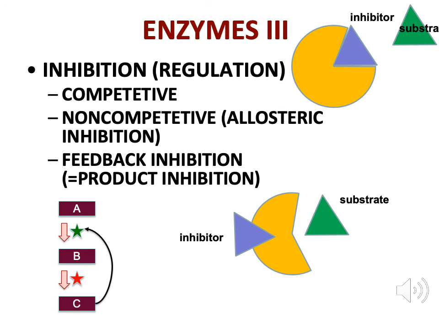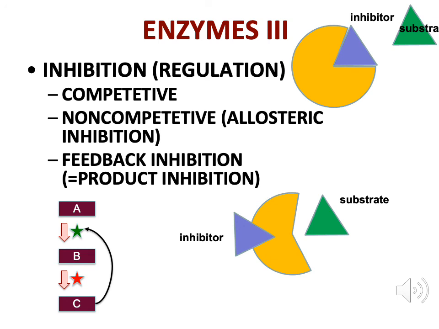I'm starting off with substance A, and I really want to get to substance C. But that desired outcome is not going to require just one reaction. It might require two, three, or four. I've got a series of reactions that are going to get me to my desired endpoint. Every single one of those steps might involve a certain enzyme.